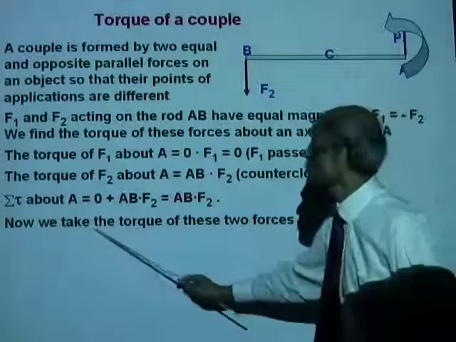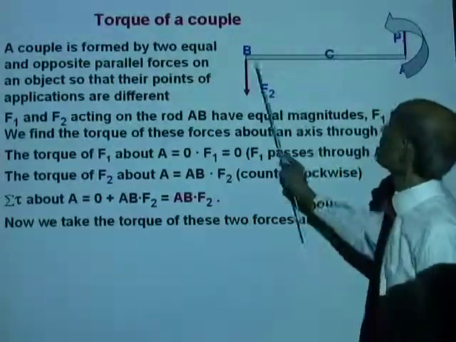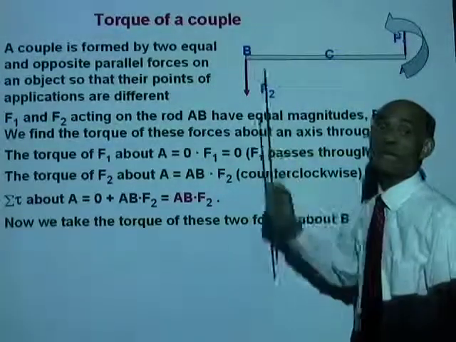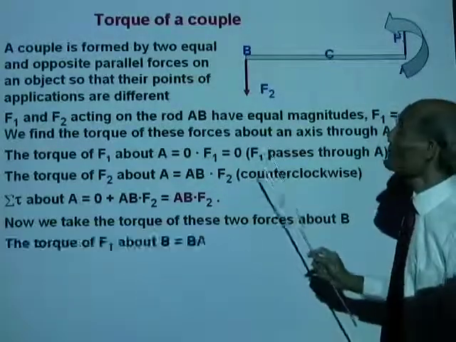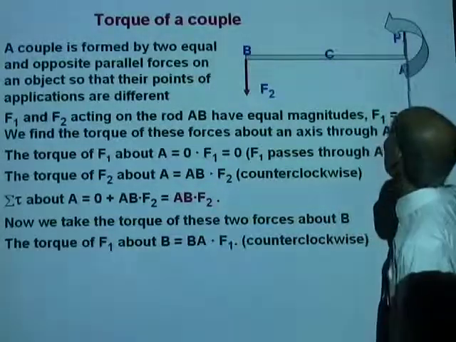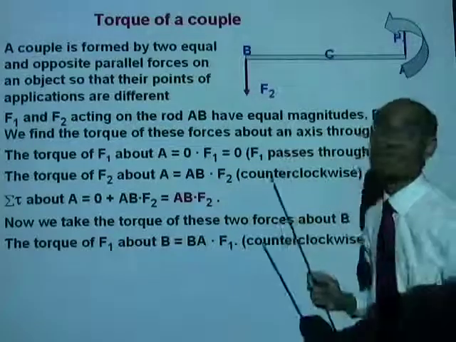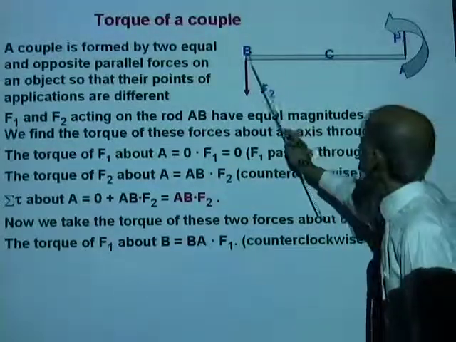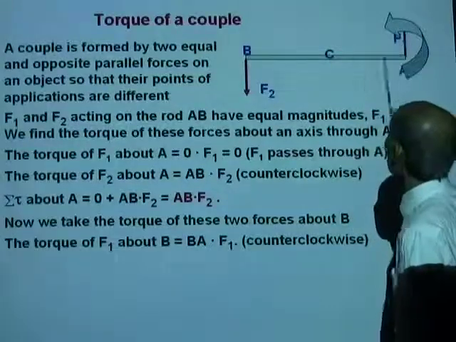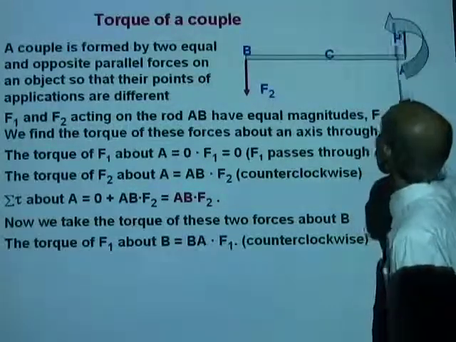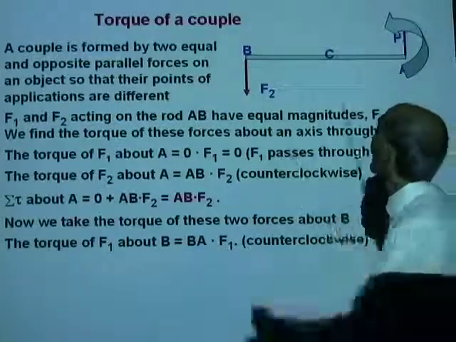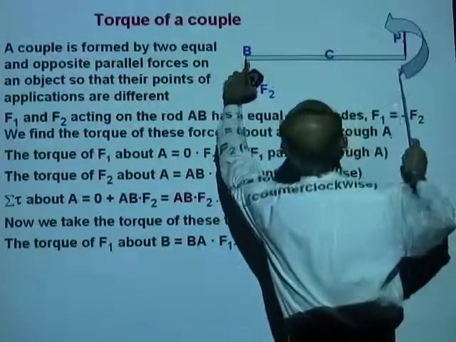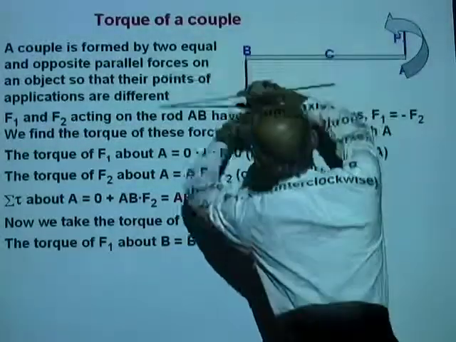We now take the torque of these two forces about the point B. What is the torque of F1 about the point B? The torque of F1 about the point B is the torque arm BA multiplied by the force F1, and that is a counterclockwise torque, isn't it?